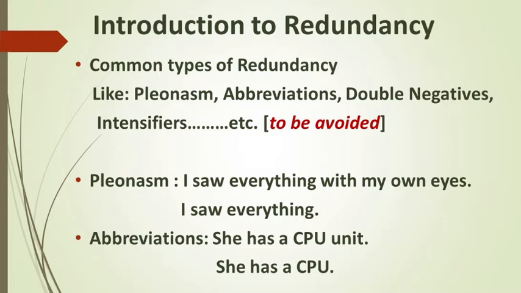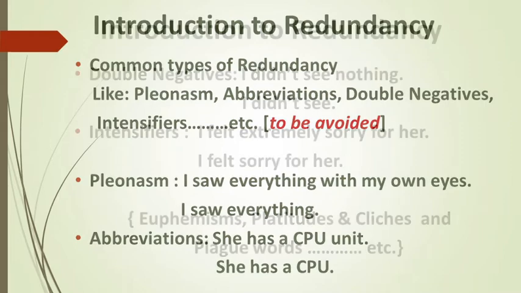Here, the full form of CPU is Central Processing Unit. So, the full form of CPU has the word unit. The letter U refers to unit. So, using the word unit is needless or unnecessary. So, what we need to learn is that we must be very cautious while using abbreviations in sentences.